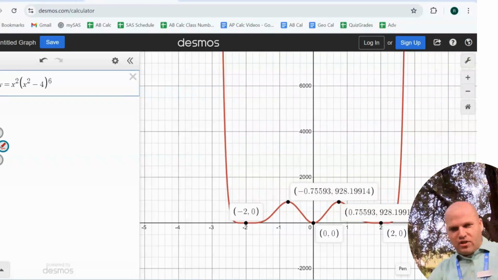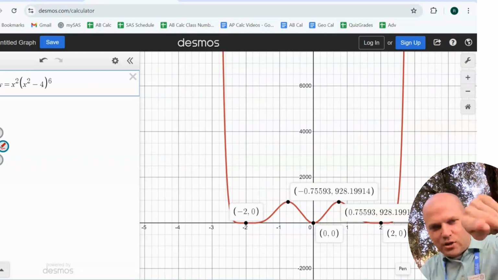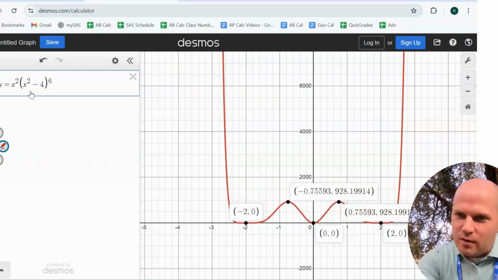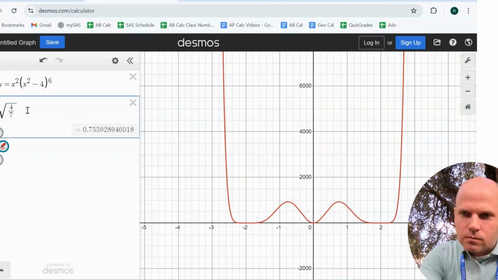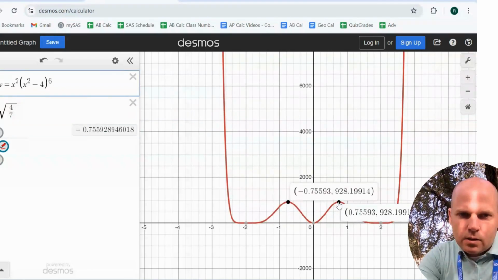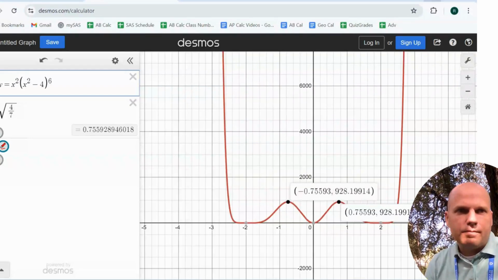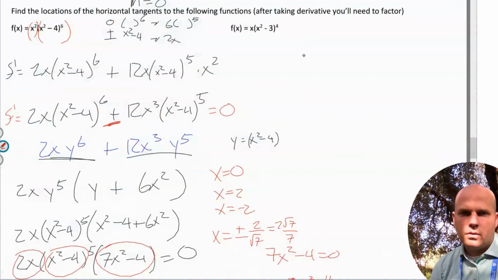Bam! 5 zeros. We got -2. We got +2. We got 0. We got plus or minus square root of 4 sevenths. And there it is right there. Plus or minus. And then after that, same thing here.